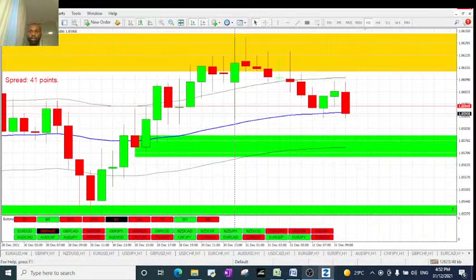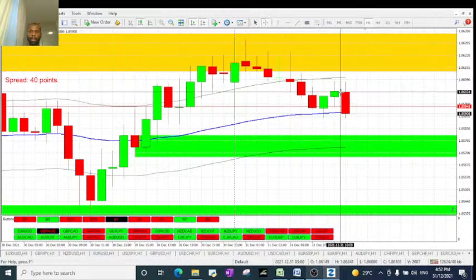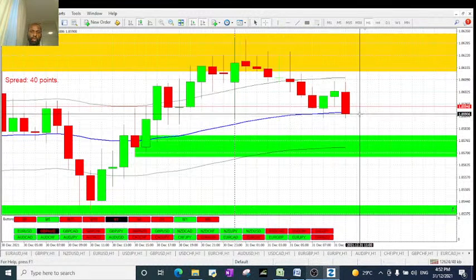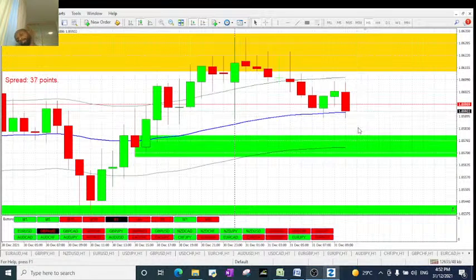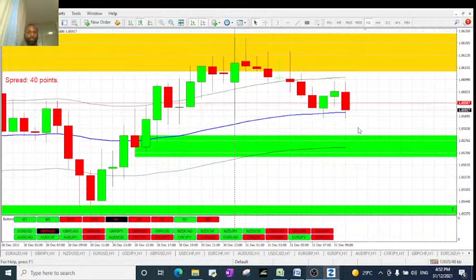So once it closes, I will maybe enter a small position straight away, then see if price will start to retrace a little bit up to somewhere here. Then I'll enter the rest of my position, of course hoping to take it down here. Let's see what happens.